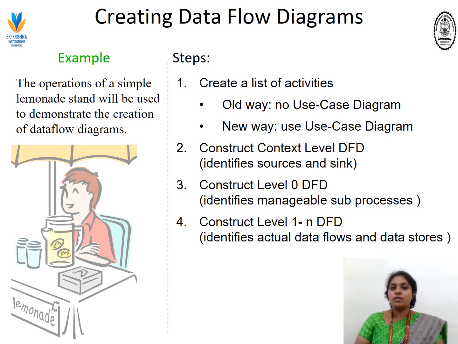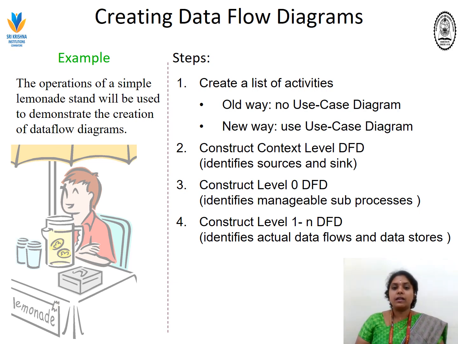Then construct a context level, the initial level of DFD, that identifies only the source and the sink. That is, the external entities and the major process done by this entity will be specified in the context level diagram.